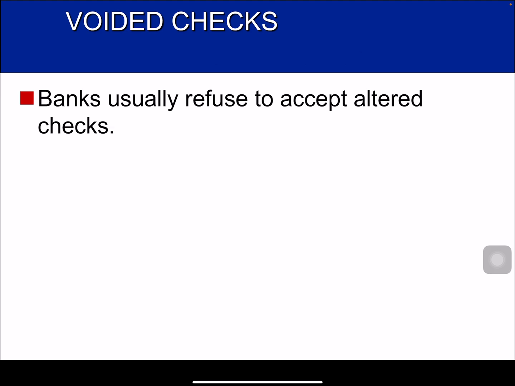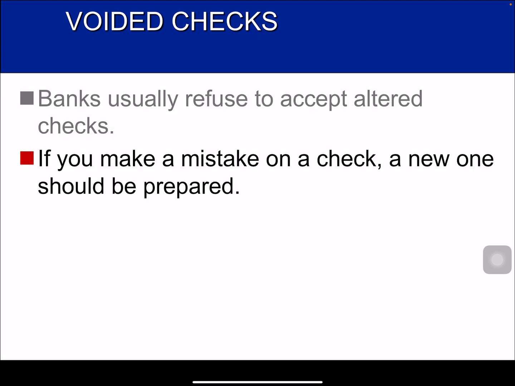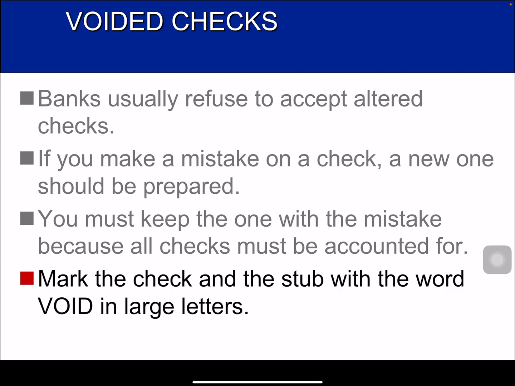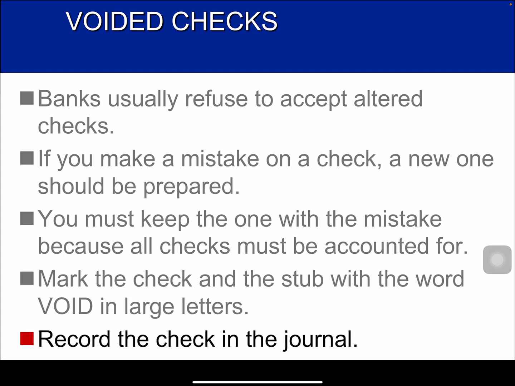Voided checks: sometimes banks refuse to accept altered checks. If you make a mistake on a check, a new one should be prepared. You must keep the old one with the mistake on, because in a business, all of your checks must be accounted for. You mark the check and the stub with the word void in large letters, and then you record it in your journal.